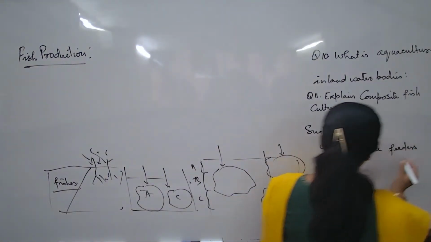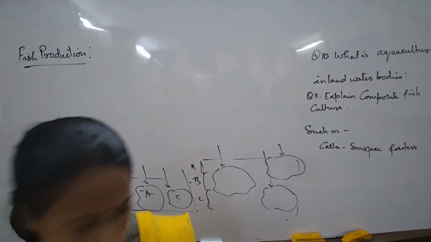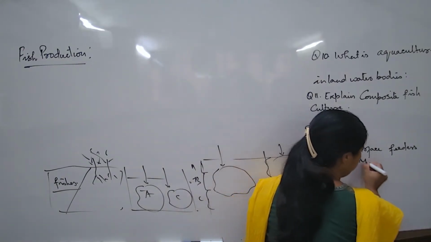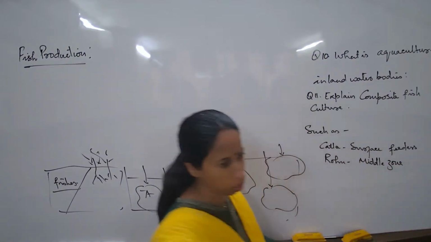Surface feeders, that's the first part. Rohu, where do we find? In the middle zone of the water body.